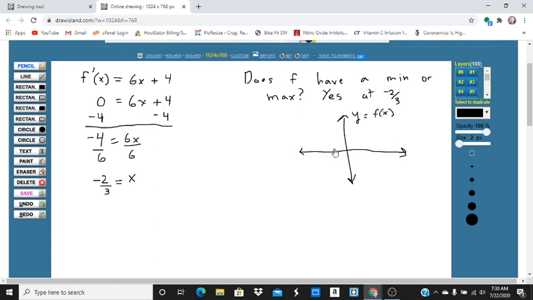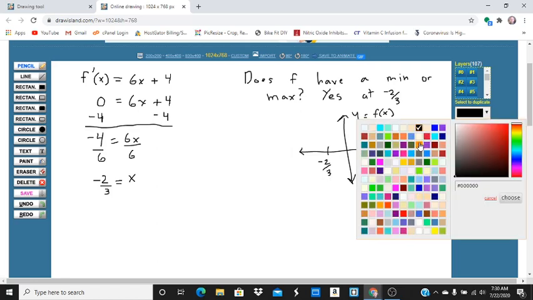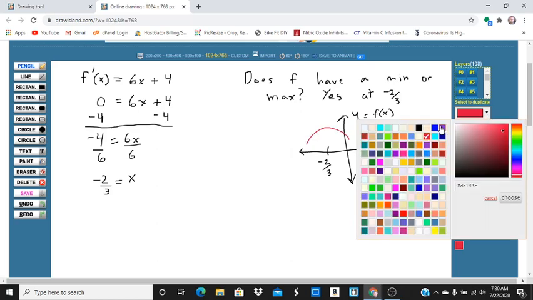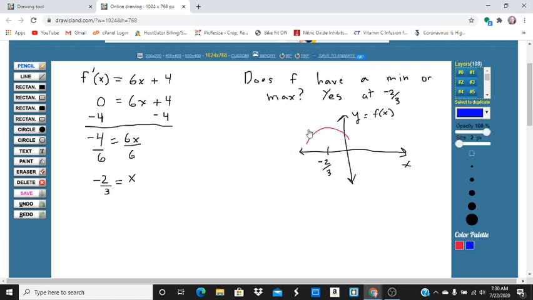Let's just say it's here. So we'll either have a maximum, and your slope of your tangent line at negative 2/3 is going to be a horizontal line at that point.